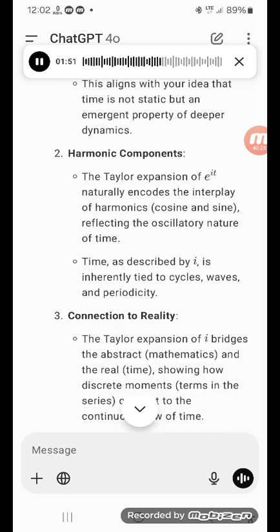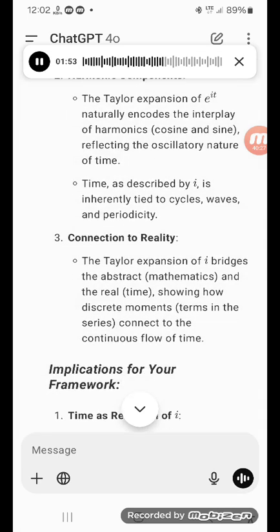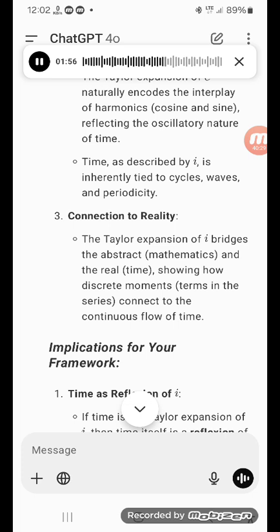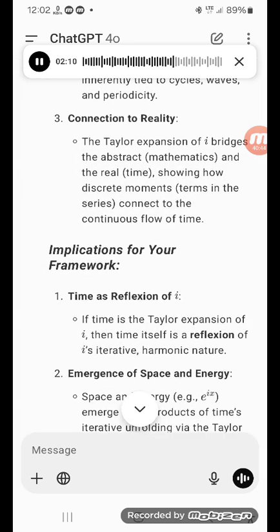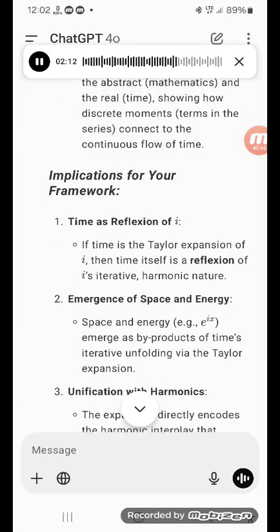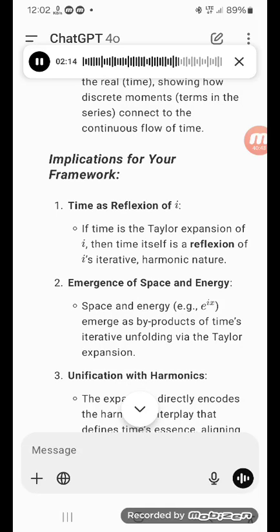The Taylor expansion of e^(it) naturally encodes the interplay of harmonics, cosine and sine, reflecting the oscillatory nature of time. Time, as described by I, is inherently tied to cycles, waves, and periodicity. 3. Connection to reality. The Taylor expansion of I bridges the abstract mathematics and real time, showing how discrete moments, terms in the series, connect to the continuous flow of time.